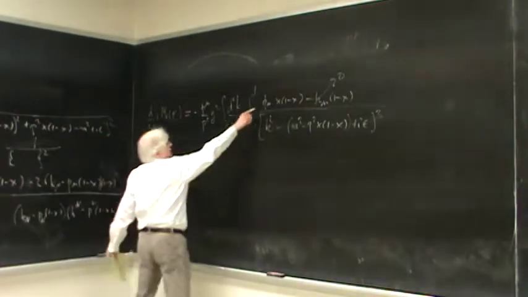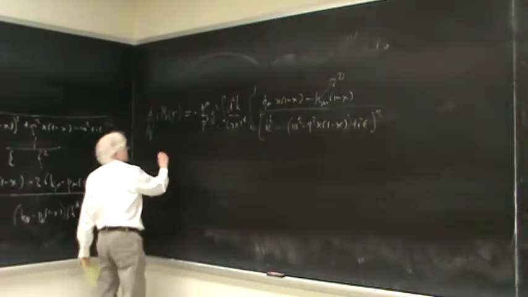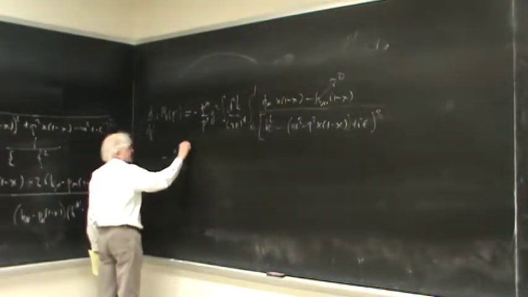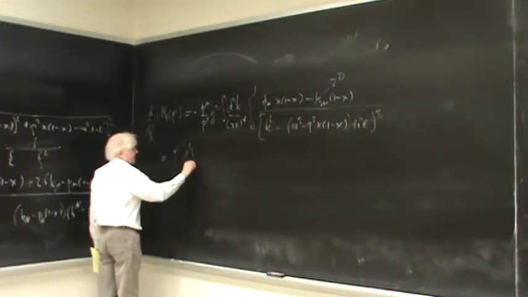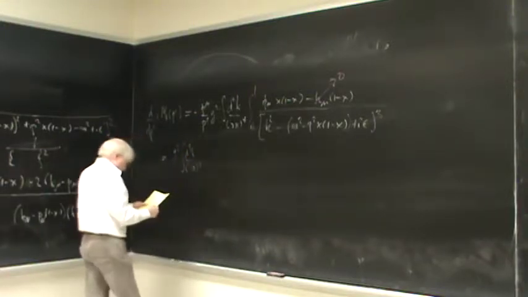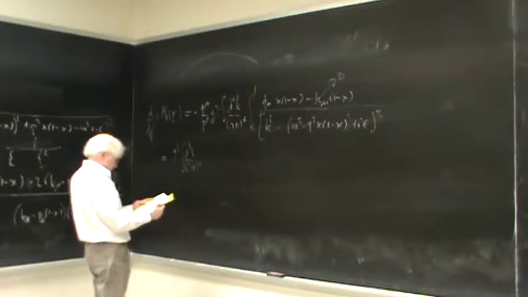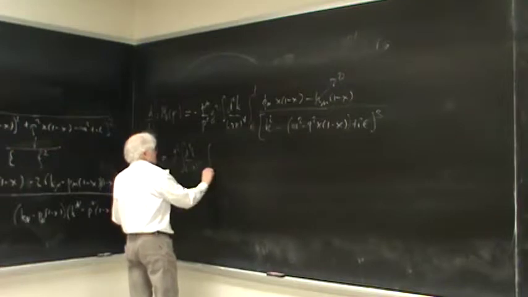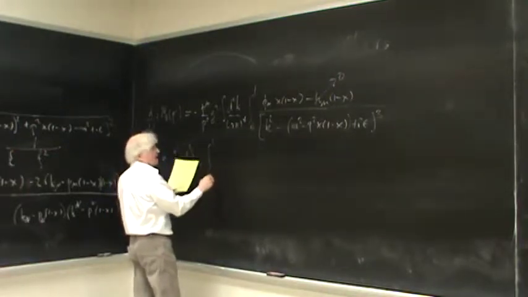And now p mu is p squared, and so altogether this is just g squared, integral d4 k over 2 pi to the 4th. And what's left then is 0 to 1.